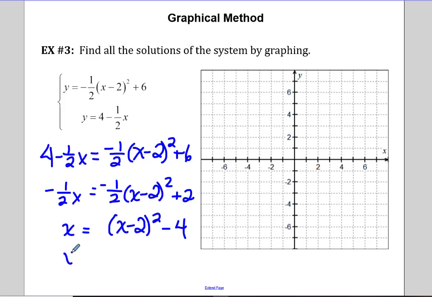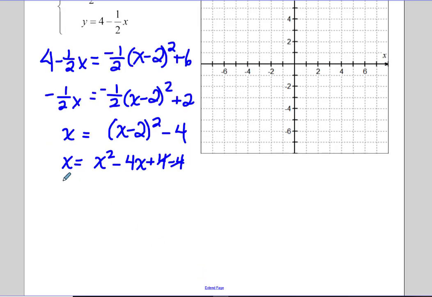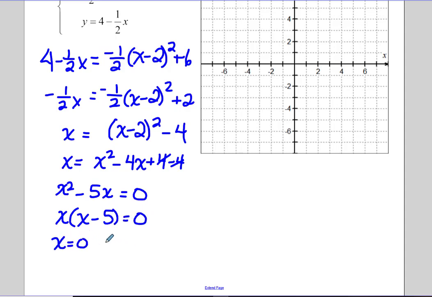So on the right-hand side, we have x squared minus 4x plus 4 minus 4. That's gone. And then x squared minus 5x is 0 when x is 0, or when x is 5.